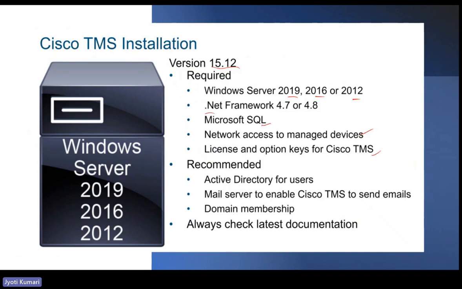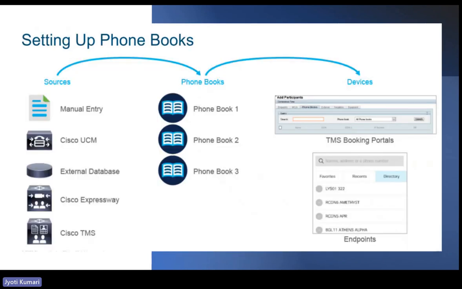Recommended server installations are Active Directory for users, a mail server to enable TMS to send emails, and domain membership. As per the version, you have to check the documentation for which features are supported.